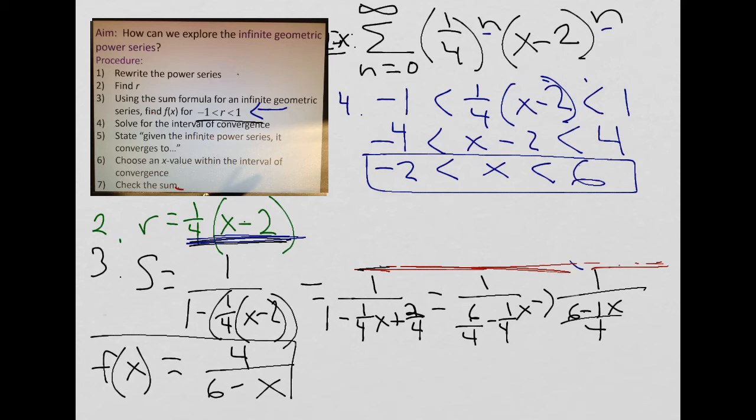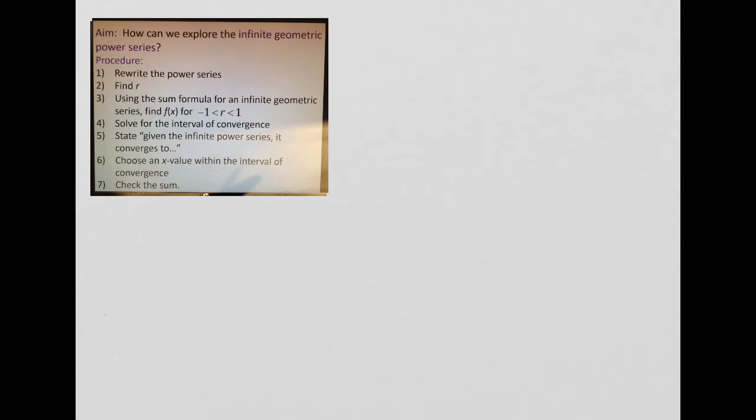I'm going to erase some more. Since there was a lot to write for number 4, I just decided I'm going to erase the whole thing. It's going to start off the same way.